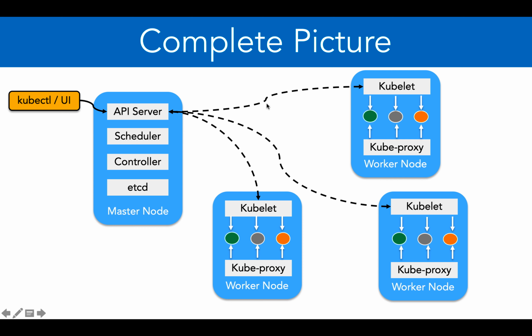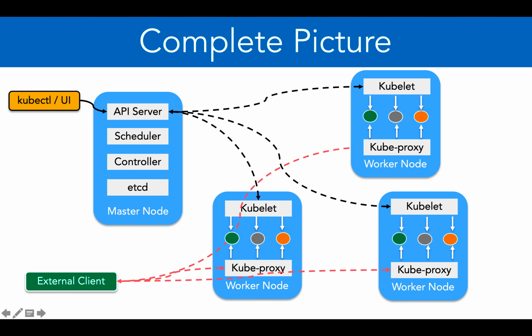Now the API server has a connection to all the worker nodes via kubelet. Kubelet takes instructions from the master node via the API server and then launches pods or containers. Worker nodes also have another component called kubeproxy. They also talk to the containers or pods, but those communications are from the external client.